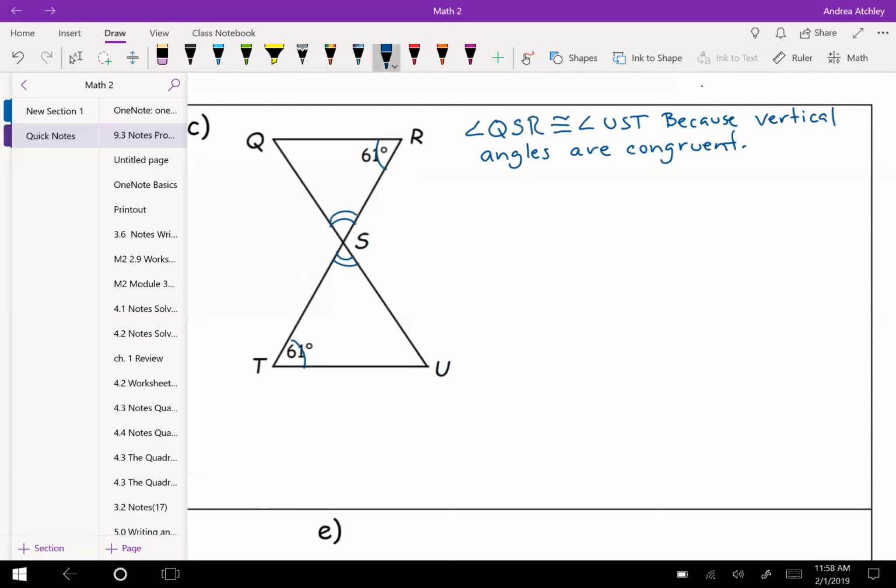And that's a theorem that you should have learned in Math 1. And I think even in Math 8, you guys talked about this.